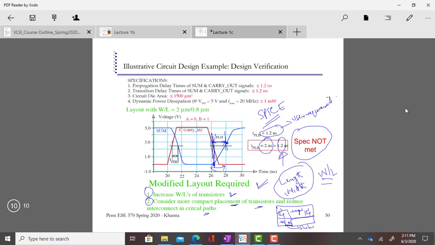Starting from the user requirement to the generation of the mask, this is the whole life cycle of a VLSI design. If not, don't worry, because we will do the same thing in the entire course. The entire course is about this life cycle.